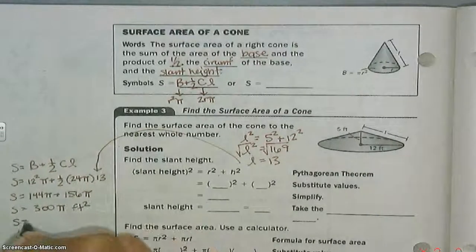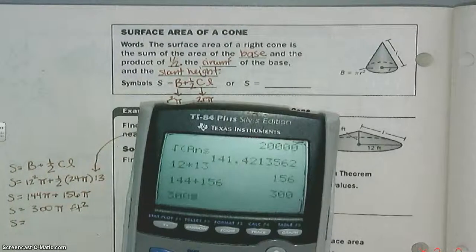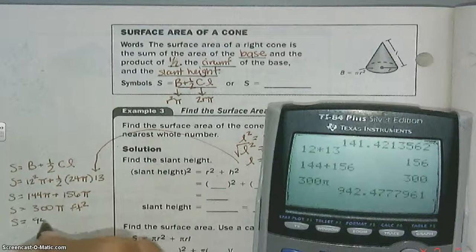Or go one step further, put it all in your calculator. 300 pi is 942.5 feet squared.